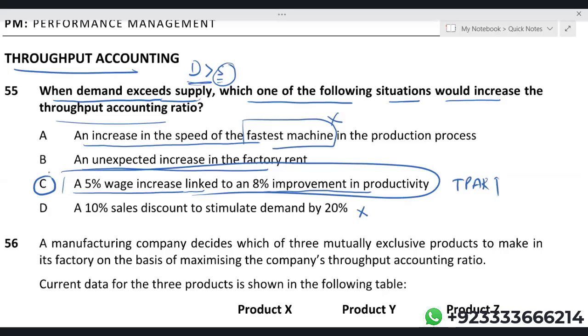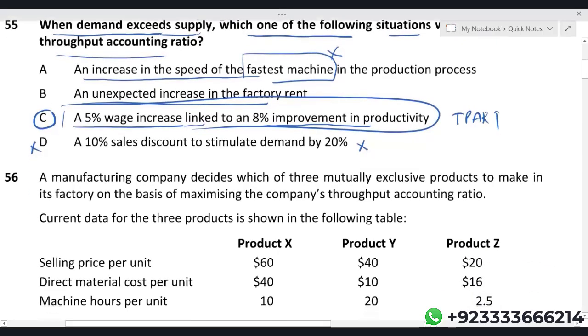If you decrease your selling price and start giving discounts, demand will increase even more. So what benefit will you get? Already you have demand more than your supply, so there is no need to work on increasing demand further. So D is not suitable here. So, question 55, logically the answer is C.